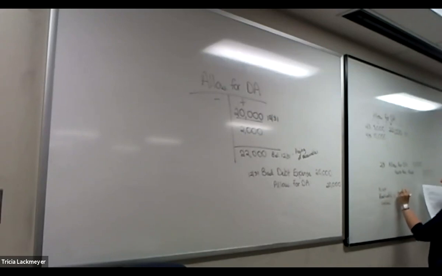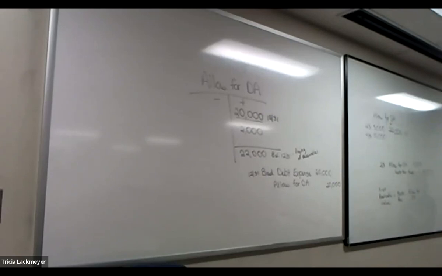So your net realizable value is just equal to our accounts receivable minus allowance for doubtful accounts. You just take your accounts receivable balance minus your allowance for doubtful accounts. And this would be after the adjustment. So you've done the adjustment and you're ready to do statements.